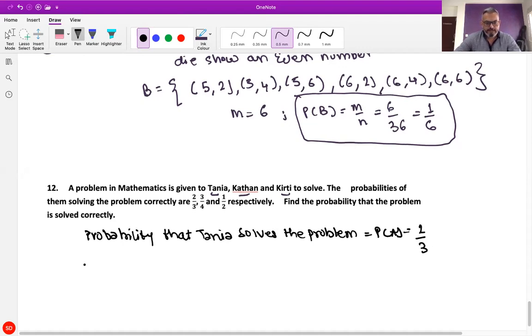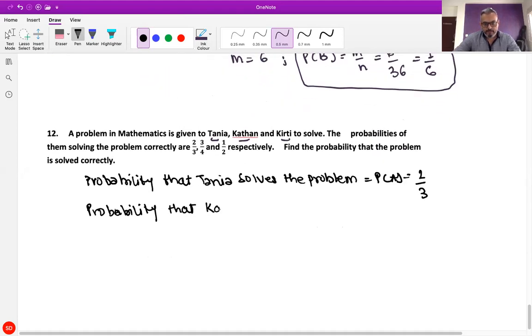This is already given. Probability that Kathan solves the problem is equal to P of B, which is equal to 3 by 4.